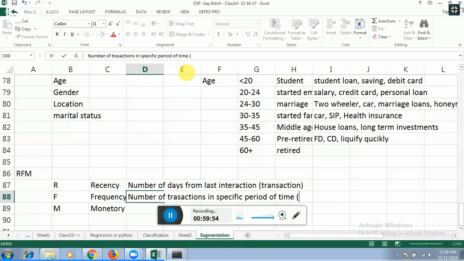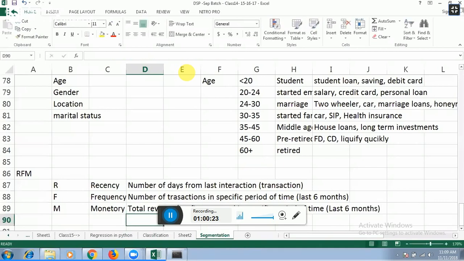So I mean to say the last 6 months. Monetary is the total revenue or profit generated in a specific period of time. This is basically the last maybe 6 months. In the last 6 months, what is the revenue generated by each customer?